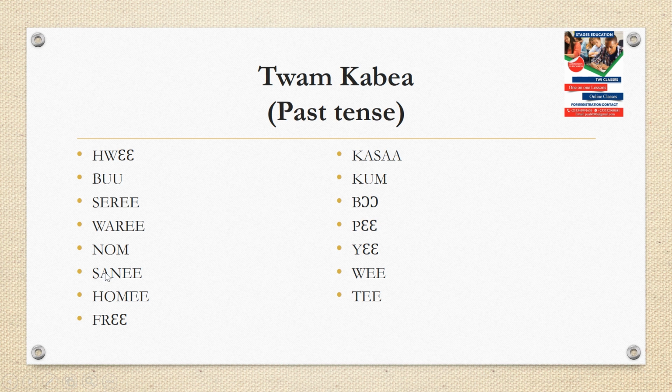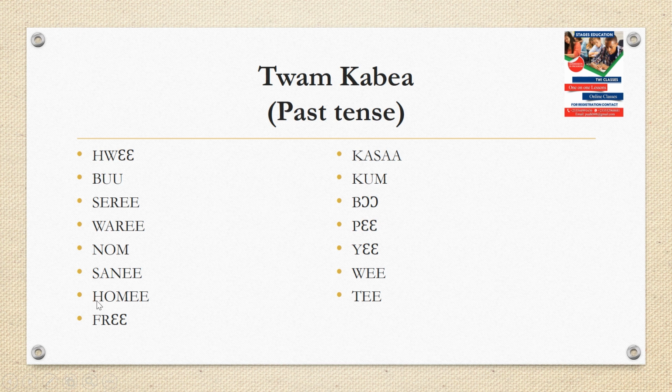Then sane, which is to descend. Sane, to descend. It can also mean to untie. So this sane can be descending a mountain, or you can use it for untying a rope. Yes. So it becomes sane.